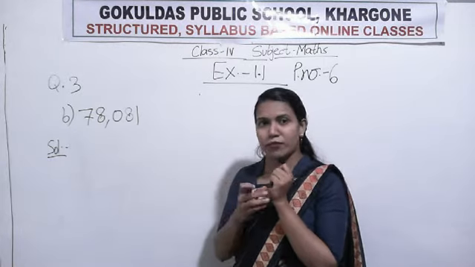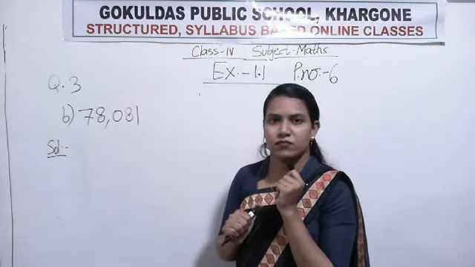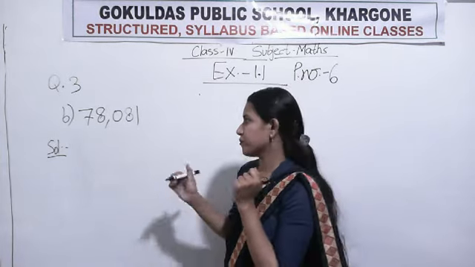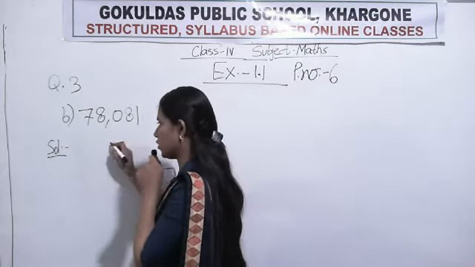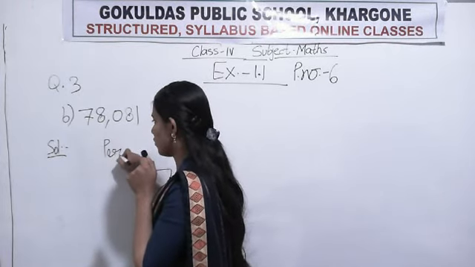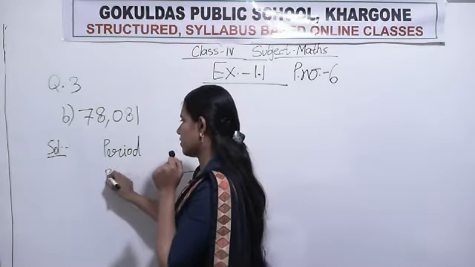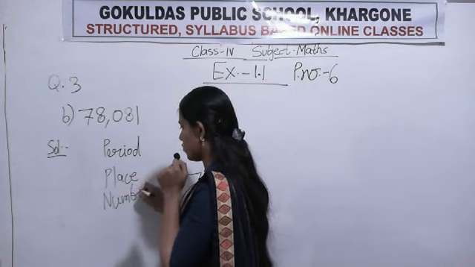Now you have to write the number name. So how you will write? You write the number name according to its period, okay? So put this number in place value chart. So how you will make place value chart? First you write period, then places come, then number comes, okay?